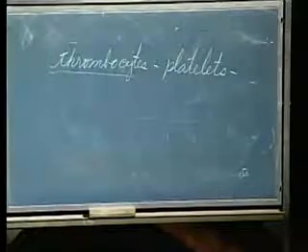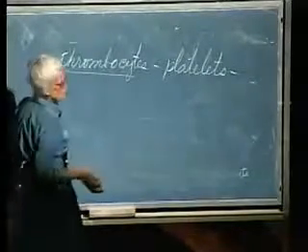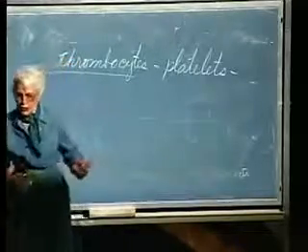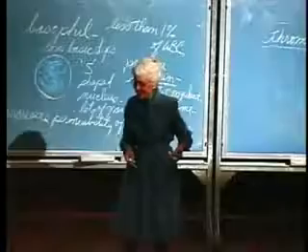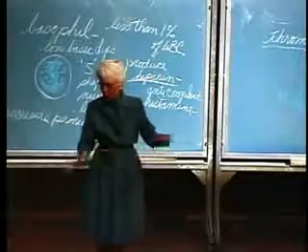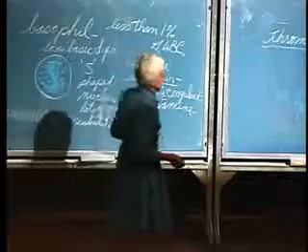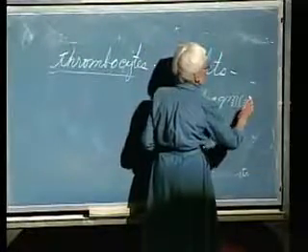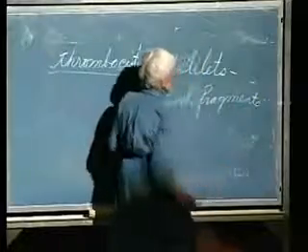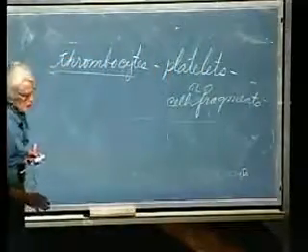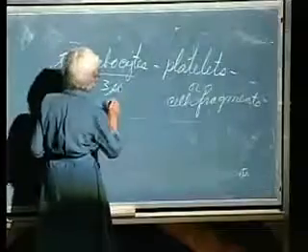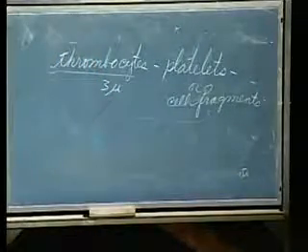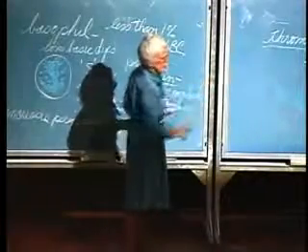Cell fragments. You'll see these used in different parts of the country. When I left Berkeley and went east, I found they use different terms, or some schools use one and not the other. So I give them all to you, and you can take your choice. These are all thrombocytes. These are little fellows, only 3 microns. And again, a misnomer. They're called cells, yet they're fragments of a cell.